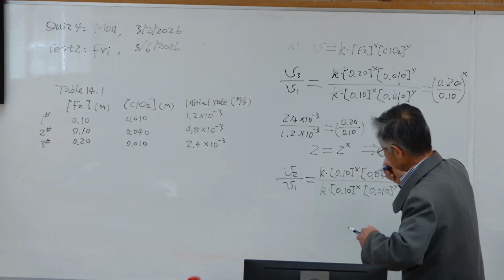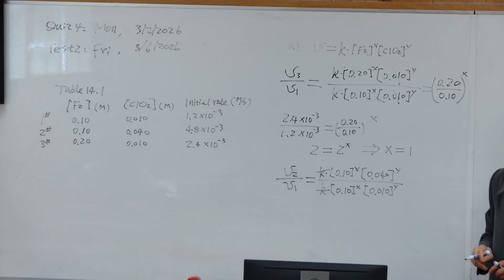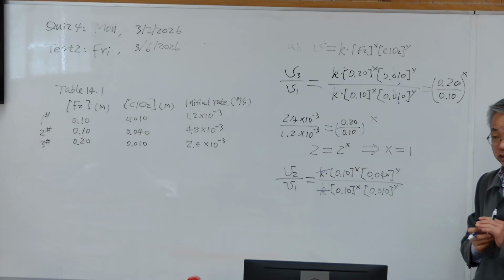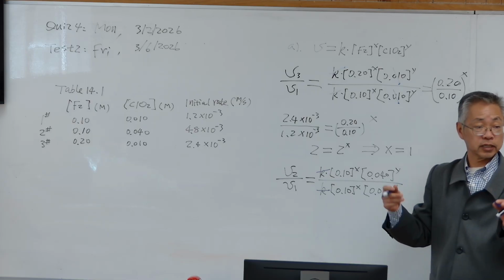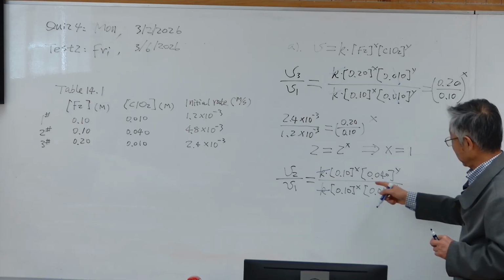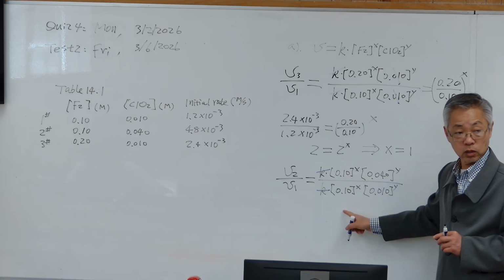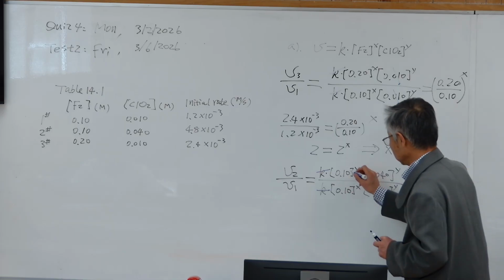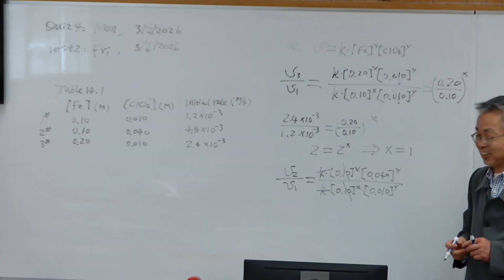So this time, K is the same, right? K is the rate constant and only depends on temperature. No temperature change, so K is the same. And the F2 concentration in experiment 2 and experiment 1 is exactly the same, right? So these two can be cancelled. So X cancels, only Y is left over.